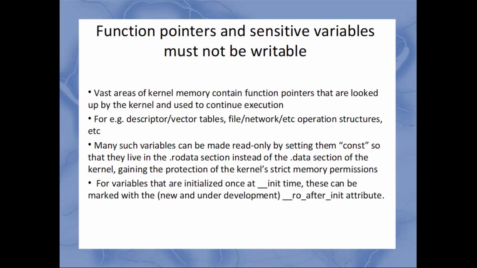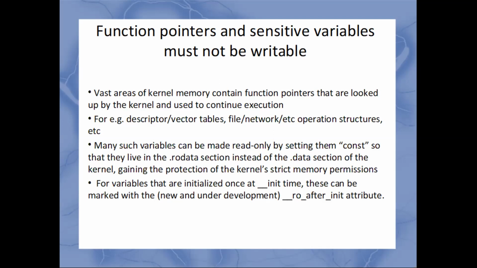Another point is that function pointers and sensitive variables must not be writable. As we have seen, a vast area of kernel memory contains function pointers that are looked up by the kernel and used to continue the execution flow, for example descriptors, vector tables, file and network socket operation tables, and data structures. Those are all defined with the help of function pointers.